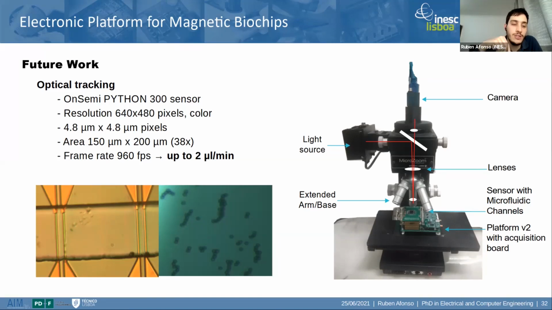For instance, since the particles are slow, sometimes we make a jam inside the microfluidic channel. But if we use a higher flow rate, we can use more diluted sample, and this can increase the performance and also the reliability.